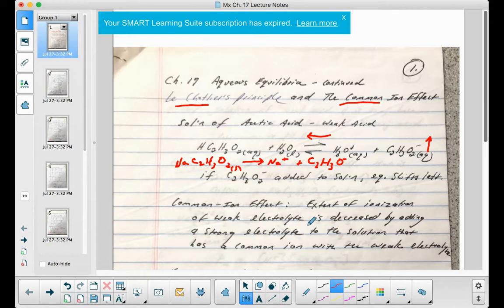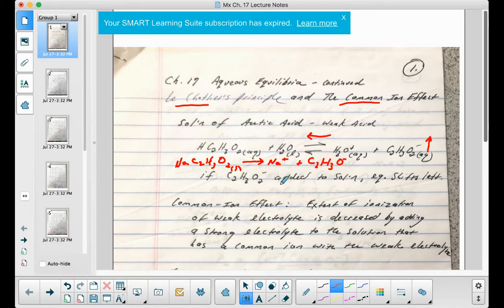So the common ion effect is the extent of ionization of a weak electrolyte that is decreased by adding a strong electrolyte to the solution that has a common ion with the weak electrolyte.